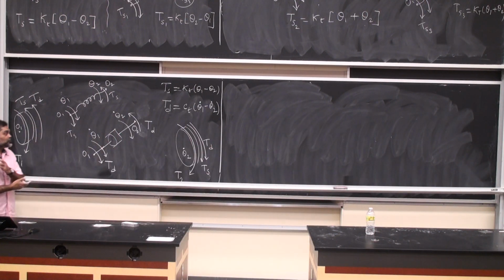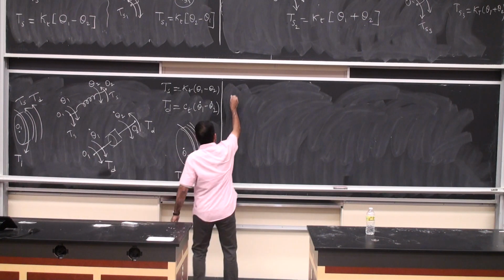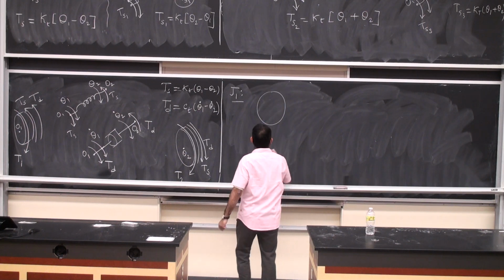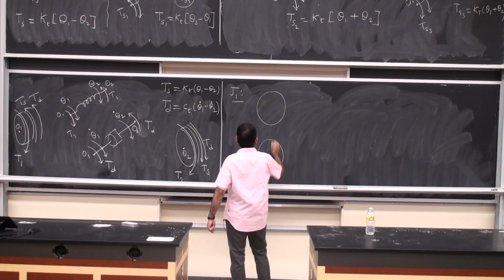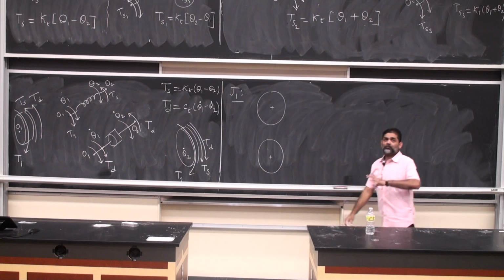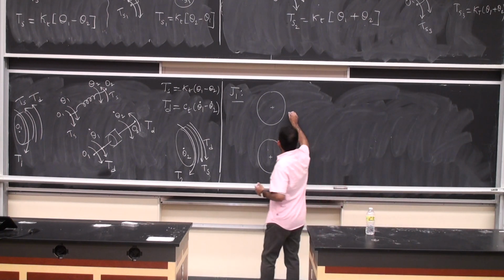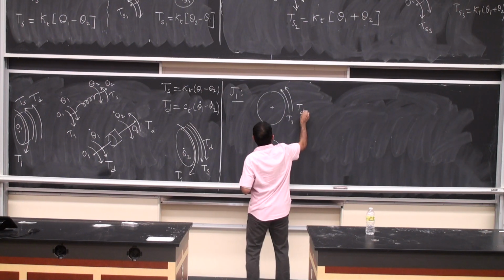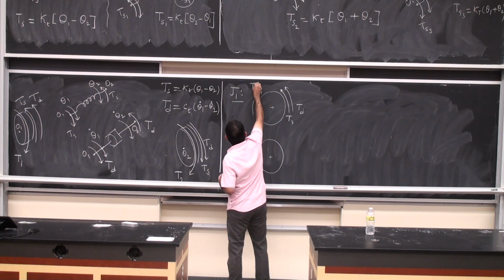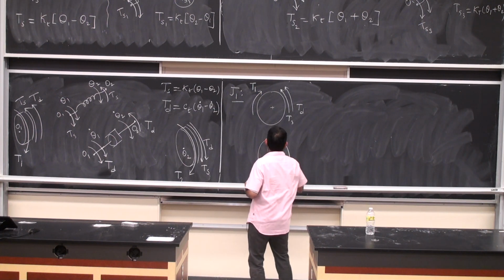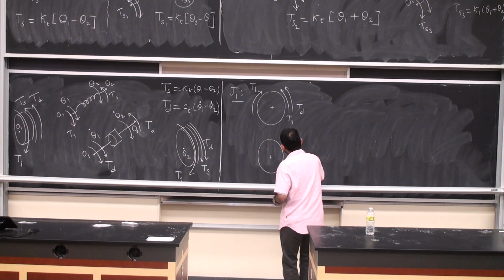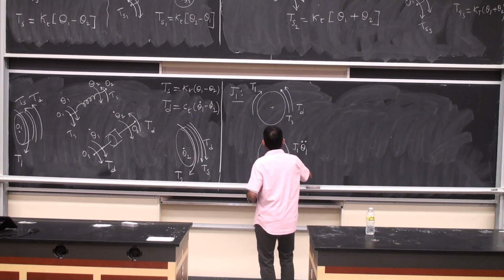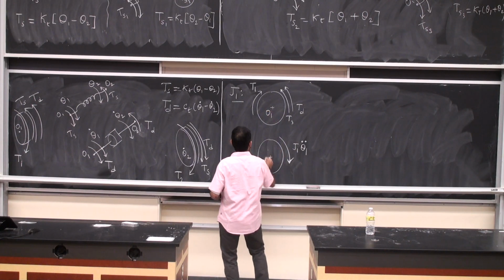Right? So if I draw the free body diagram for mass J1 and kinetic diagram, on the free body diagram, I'm going to have TS, TD, and T1. Kinetic diagram, J1 theta 1 double dot, this is O1.